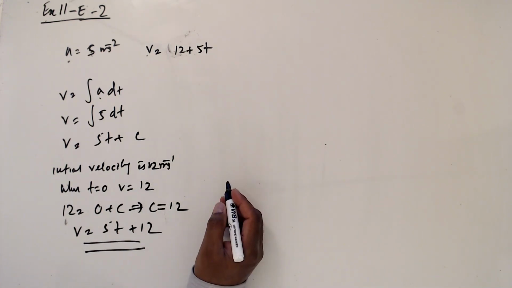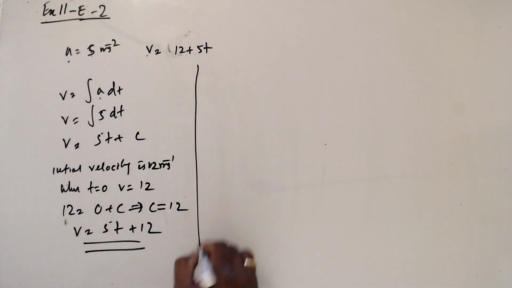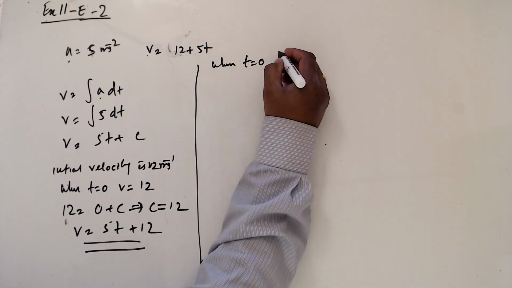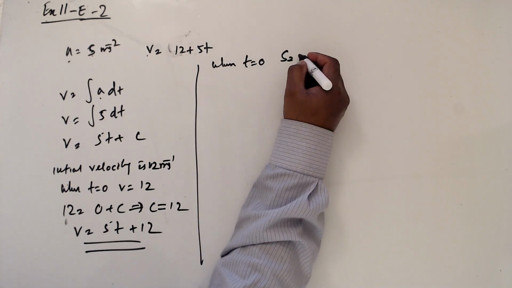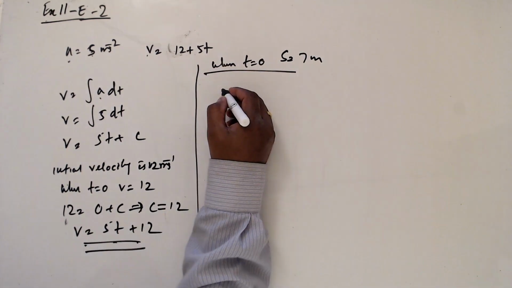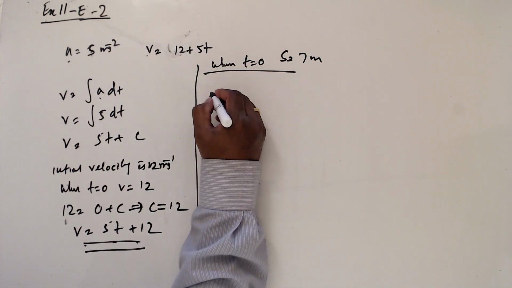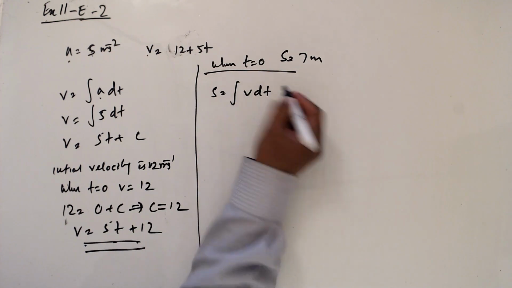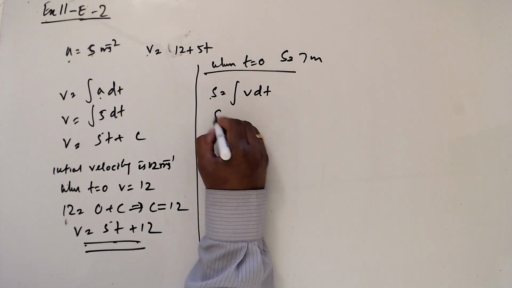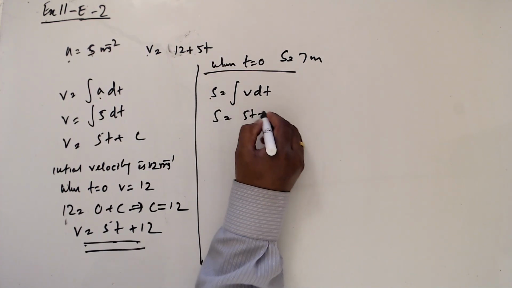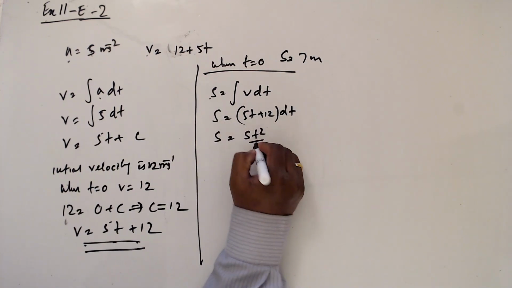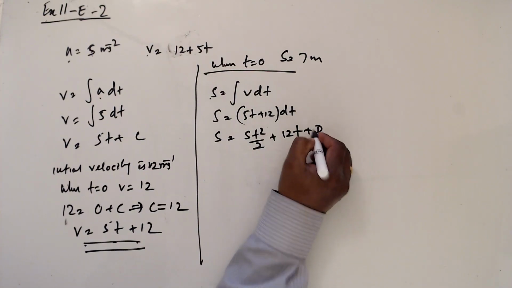Given that the initial displacement is also given, when t equals 0, s is 7. So we need to turn this into the displacement equation. We know that when we integrate the velocity, we will get the displacement equation, as v is 5t plus 12 times dt. So s equals 5t square divided by 2 plus 12t plus d.